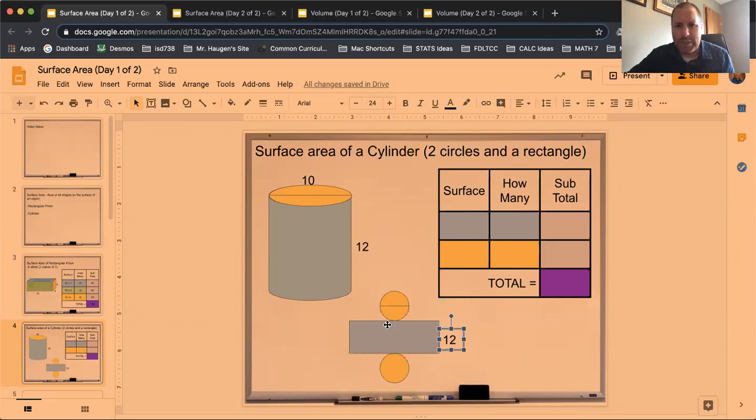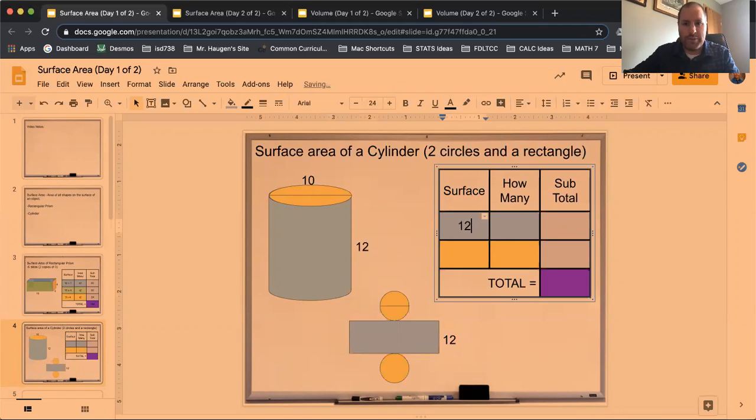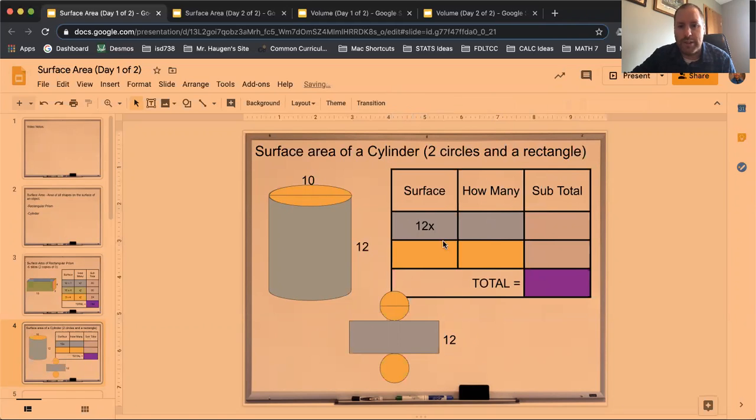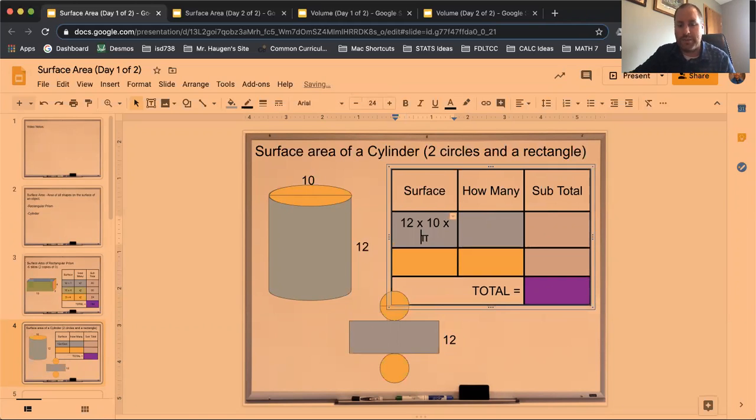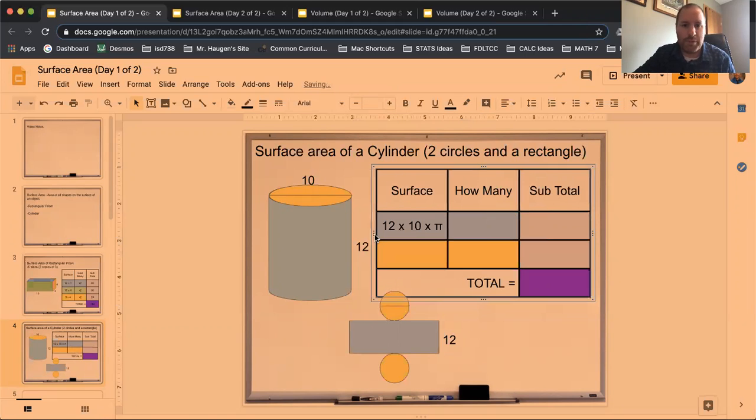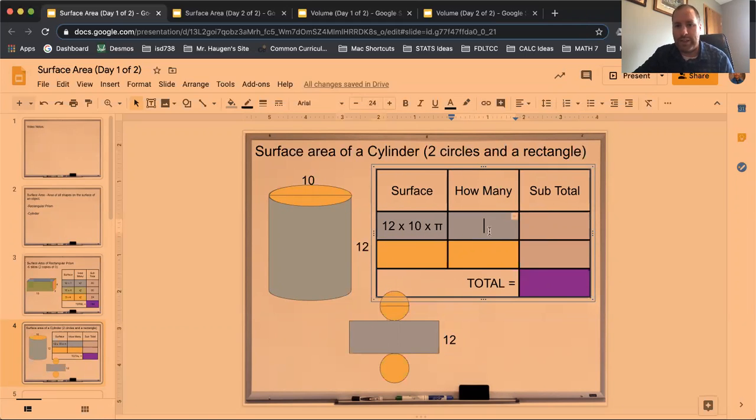So in this case, this surface would be 12 times, and I better make this a little bit bigger so we have enough room to write in here. It's 12 times the circumference, which is going to be the diameter times pi, okay? So I do have to be a little bit careful that we are going to have to use the circumference there as well. And if you look it up online, you could probably find one big giant formula. I'm going to do these in pieces.